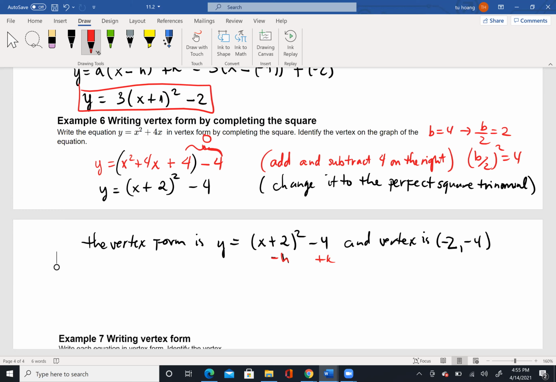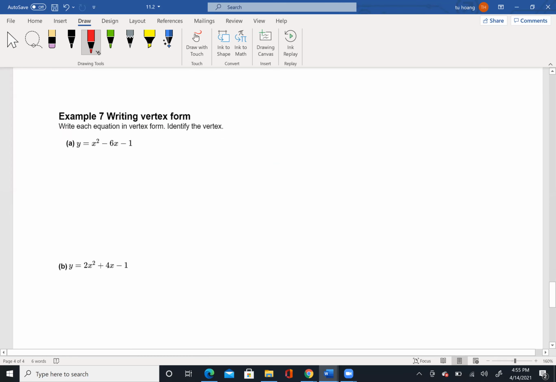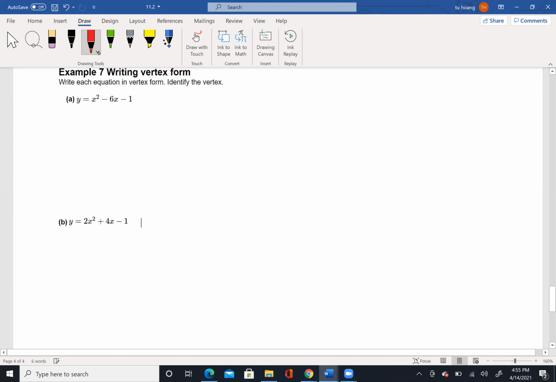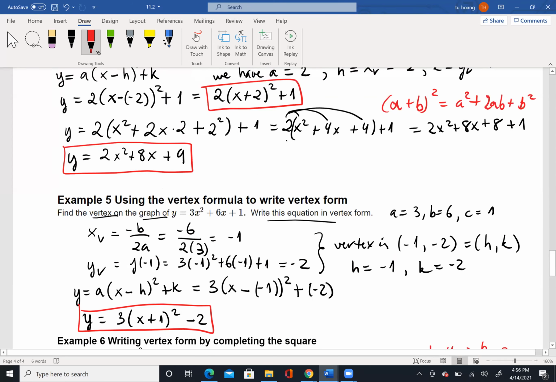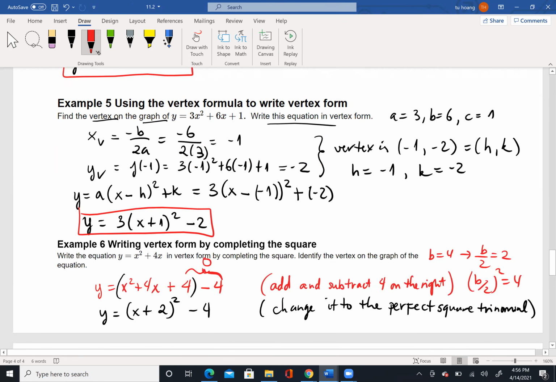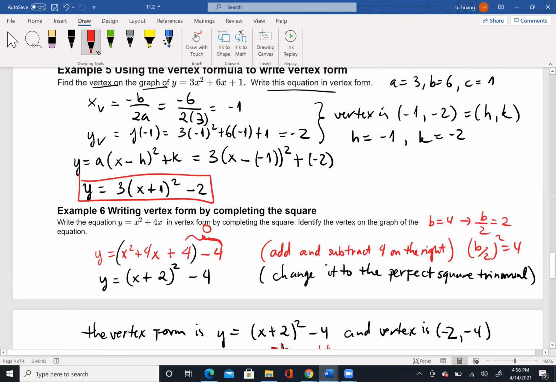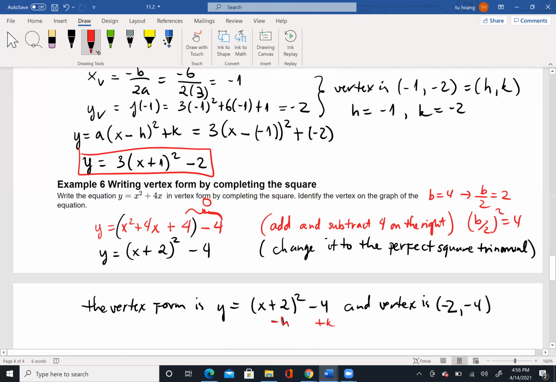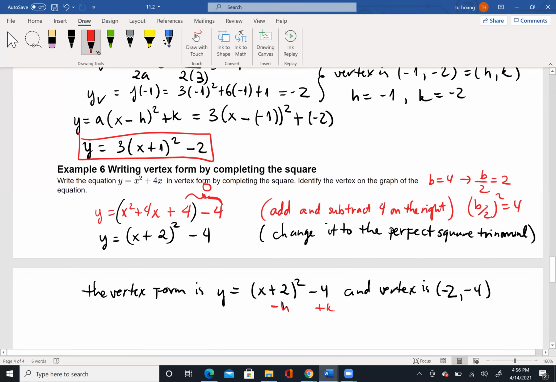Now let's move to number 7, writing the vertex form. We want to write each equation in vertex form. Again, I will let you go either way, from example 5 or 6, whatever you like to make it become vertex form.